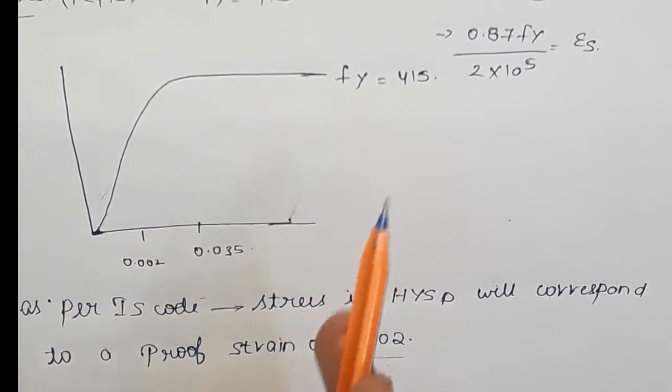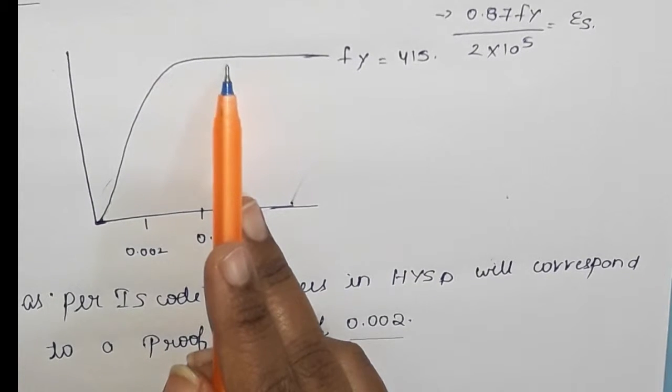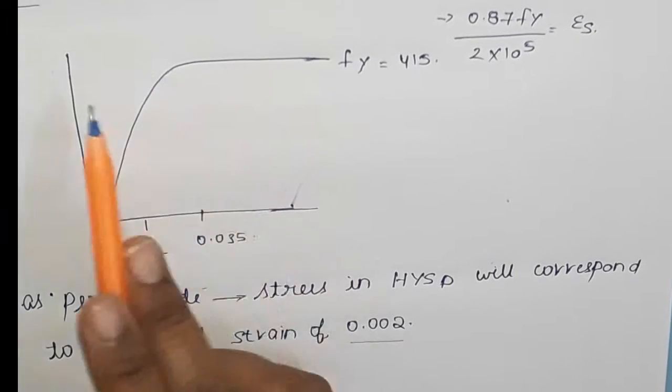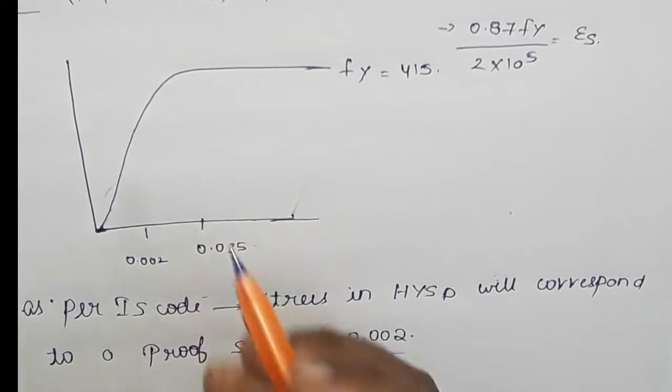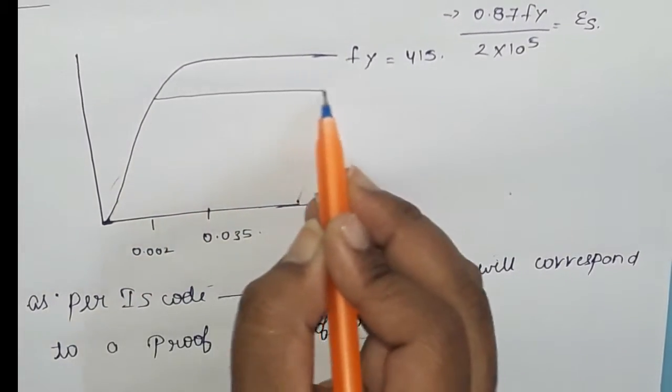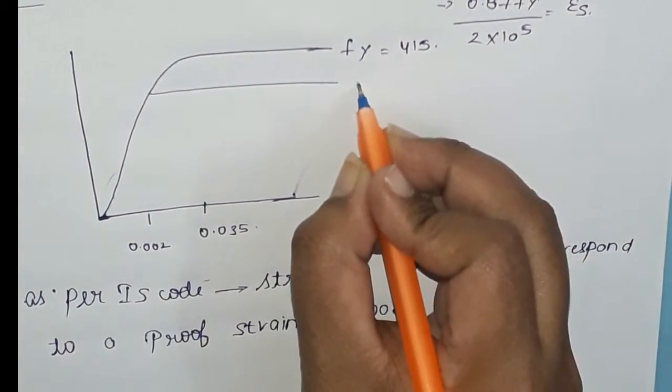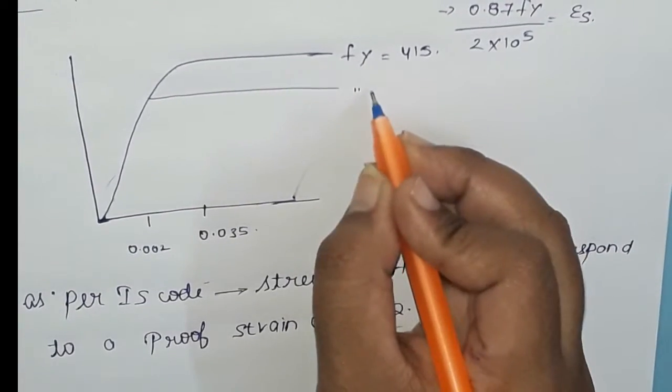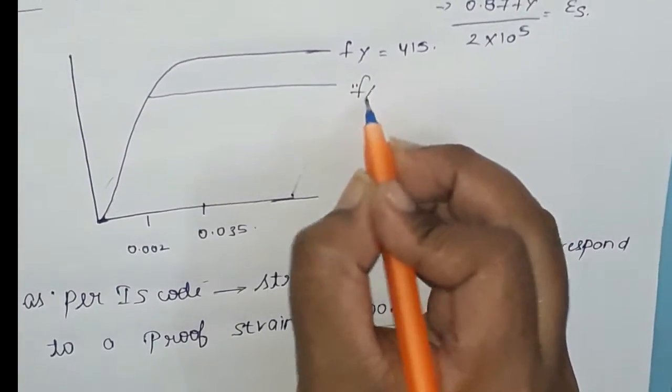Again, this is the characteristic curve, but always we are going to consider the curve only for the factor of safety. So whenever I am considering the factor of safety, I have to divide this value by 1.15.